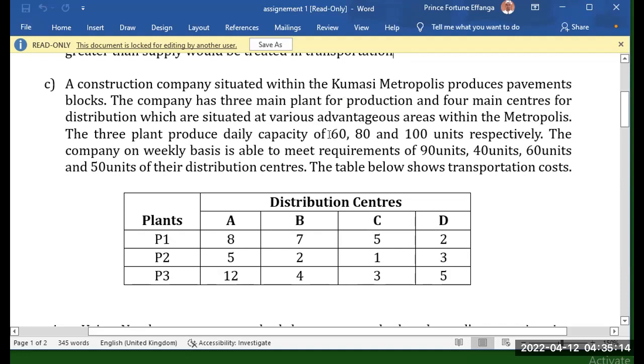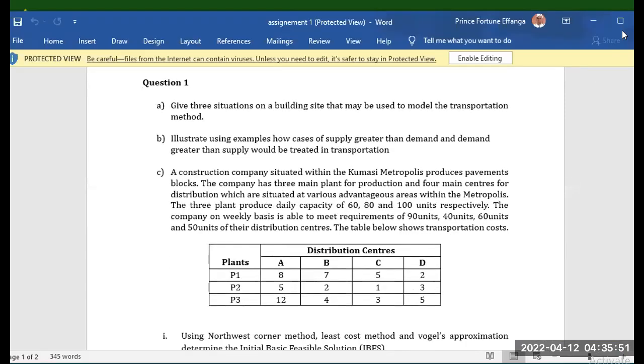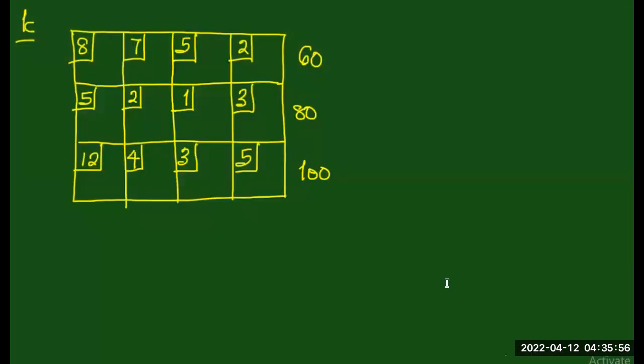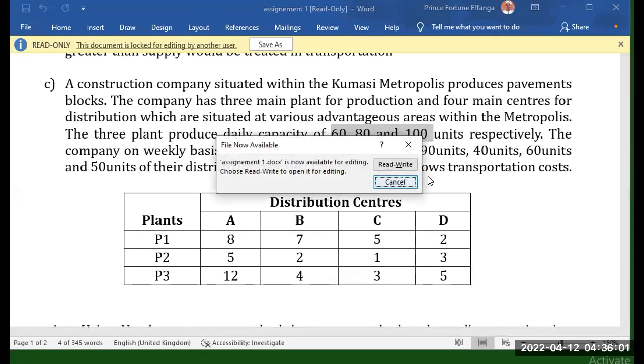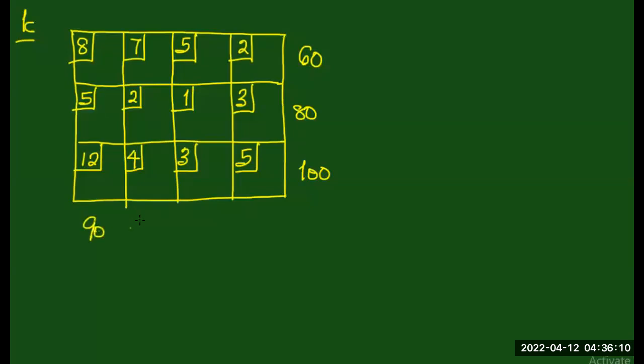The supplies 60, 80, and 100 should be here, but the demands 90, 40, 60, and 50 should be down here. So 60, 80, 100, and 90, 40, 60, 50.